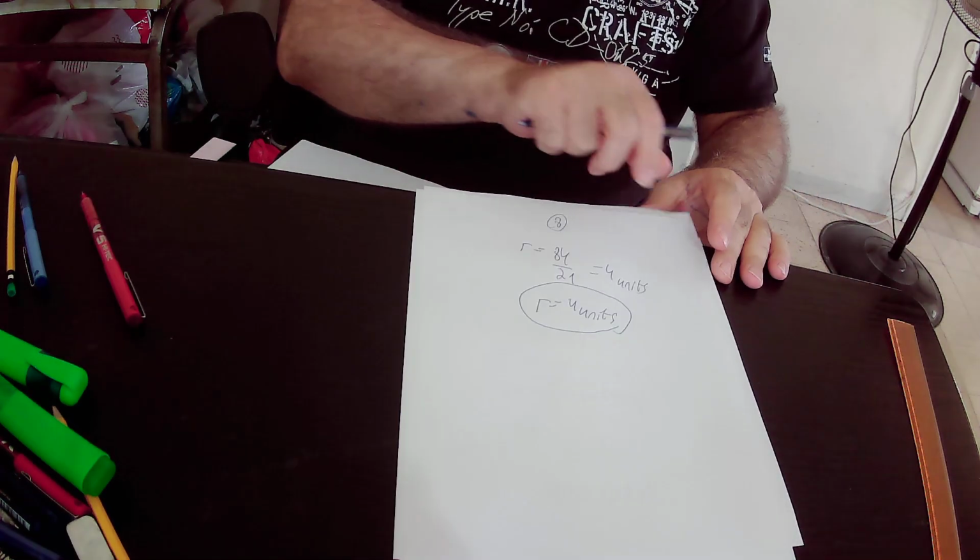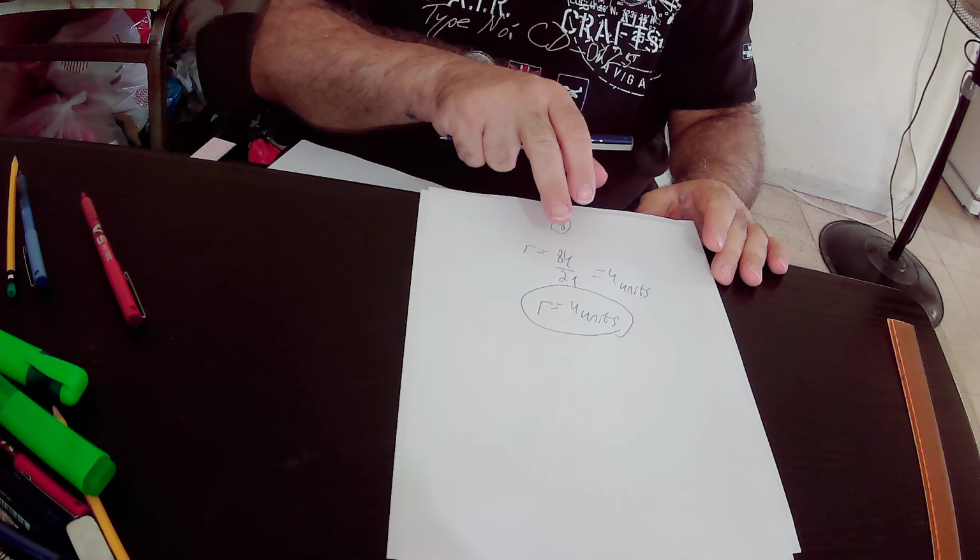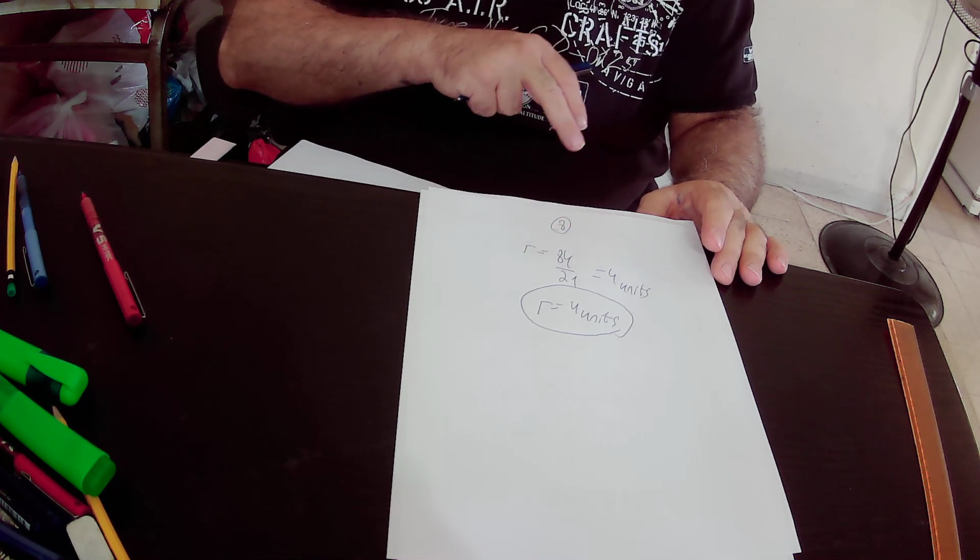So we actually found out that the radius of the green circle equals 4 units.